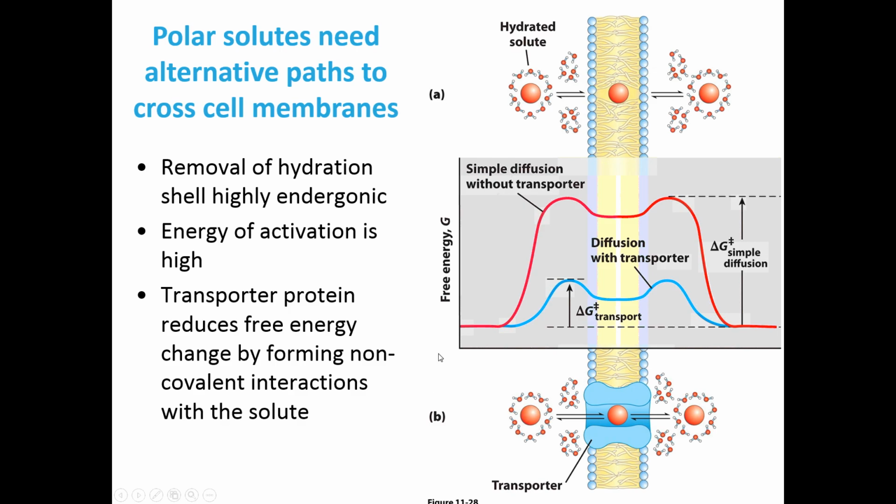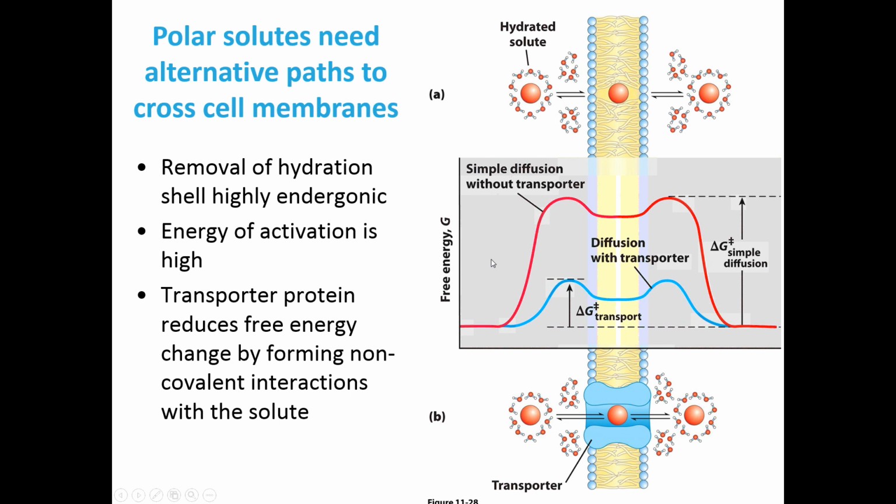So a little bit of biochemistry around this. If we consider just a polar molecule, it's going to be surrounded by water molecules. In order for this to just magically move through our hydrophobic membrane, all of these water molecules would have to disassociate. The polar molecule would have to go through the hydrophobic region, then come back out and be rehydrated.